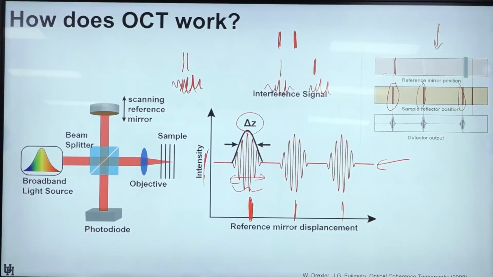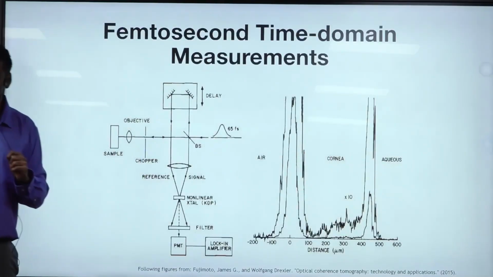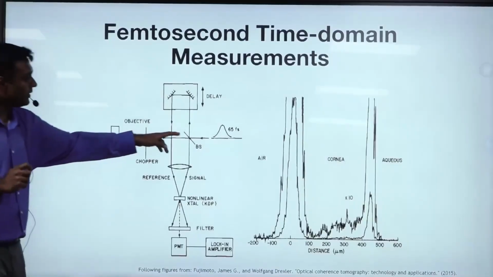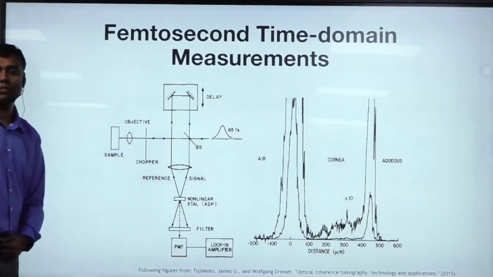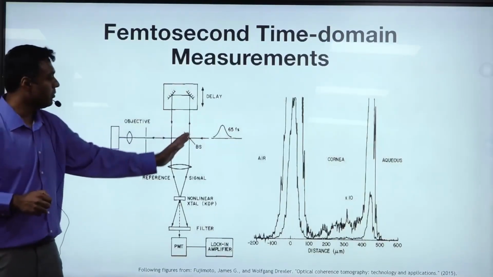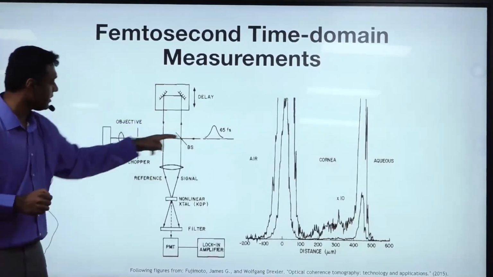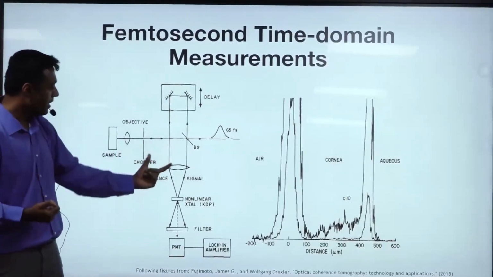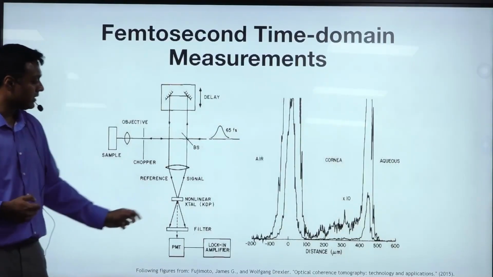So people actually, the very first measurement tried something of that sort, where they took what's called a femtosecond pulse, a very short duration pulse, split it into two, sent it through one arm and through another arm, brought it back, and both of them go to what's called a nonlinear crystal.